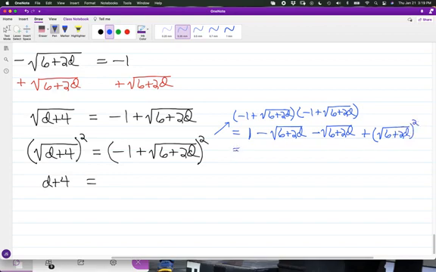And in the follow through, we have 1. Now we have back to back, think of negative 1 times the square root of 6 plus 2d and another negative 1 times the square root of 6 plus 2d. So back to back we'll have a negative 2 times the square root of 6 plus 2d. And then at the end, we have 6 and 2d to be freed up.